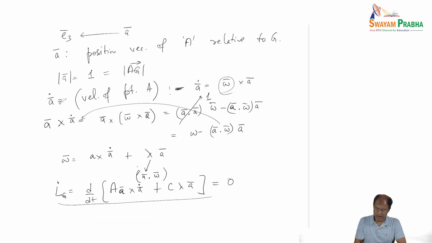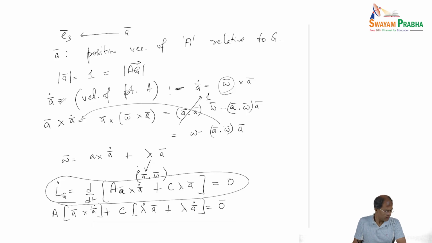So this is our angular momentum equation. Similarly, if we were to expand this equation of motion, this is A times A cross A double dot plus C times lambda dot A plus lambda A dot, right? And this is equal to 0. Then if we were to take the dot product of this equation with A itself, let me call this relation star.